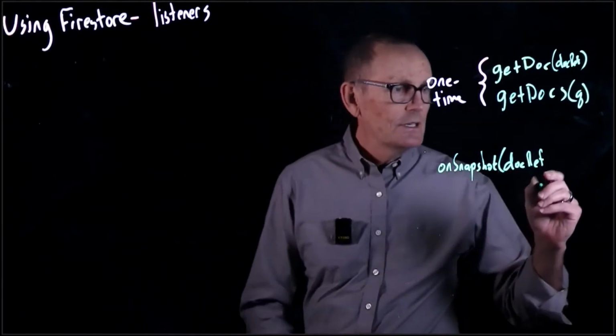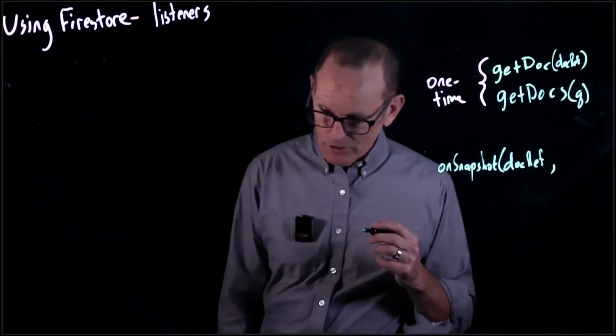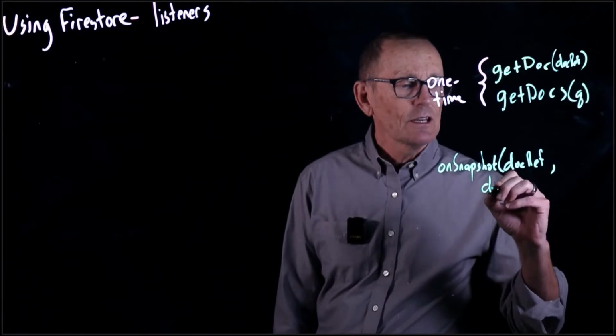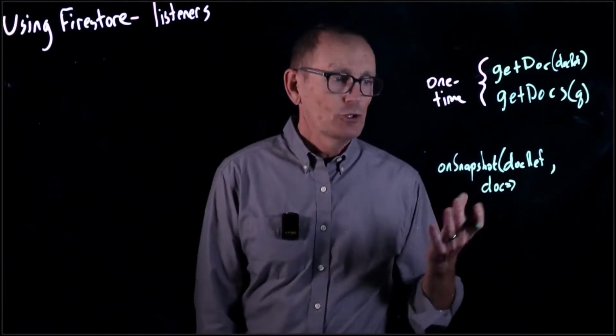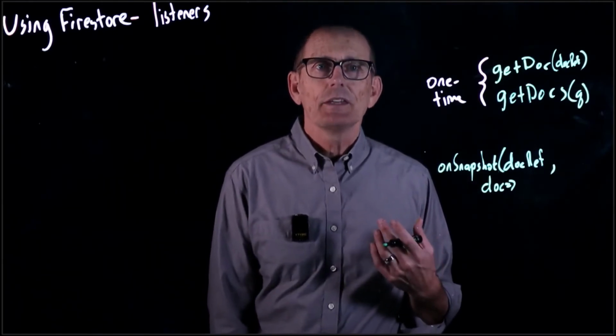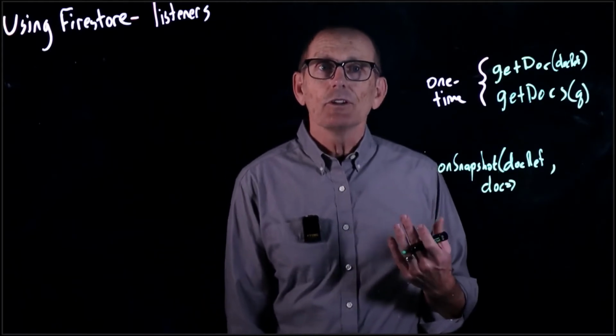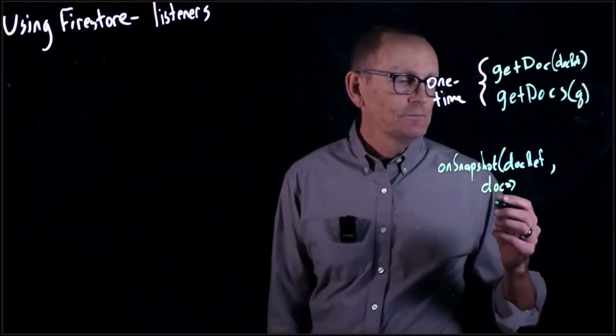This document reference specifies the document we're interested in, and then we also pass in a function. And this function is going to get called once, shortly after we call onSnapshot, and then every time from then on whenever anything about that document changes. So if a field has been added, a field has been deleted, and so on.